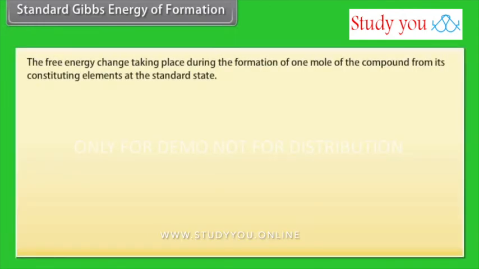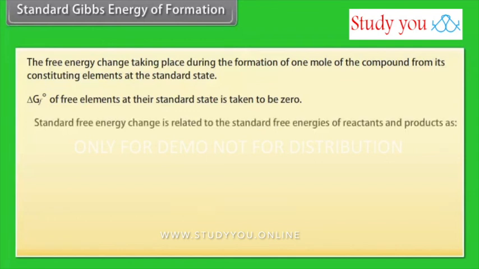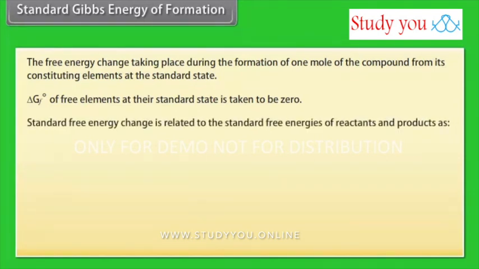Standard Gibbs energy of formation. The free energy change taking place during the formation of 1 mole of the compound from its constituent elements at the standard state. Delta GF naught of free elements at their standard state is taken to be 0. Standard free energy change is related to the standard free energies of reactants and products as delta G naught is equal to the summation of delta GF naught of products minus the summation of delta GF naught of reactants.